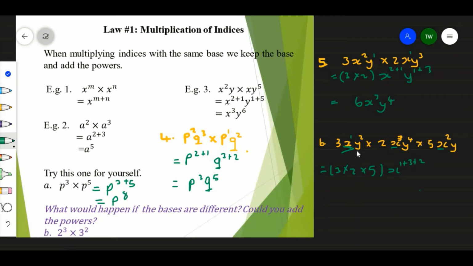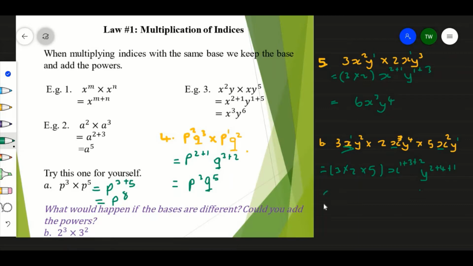Then we're going to focus on the y. So we're going to keep our y, and we're going to add the index. It's going to be 2 plus 4 plus 1. So remember that y here is raised to the first power.